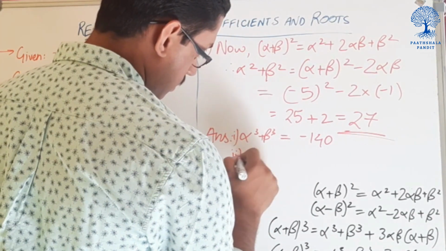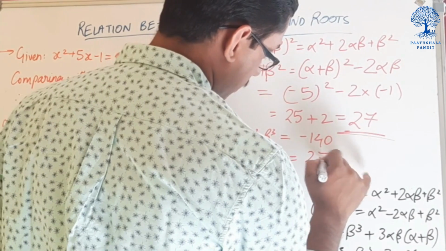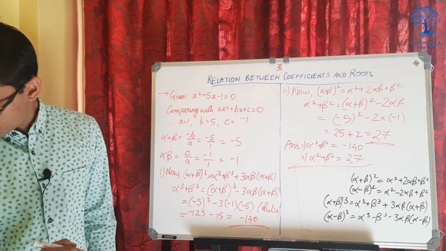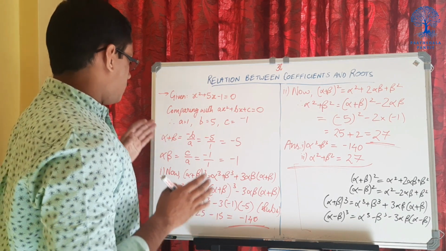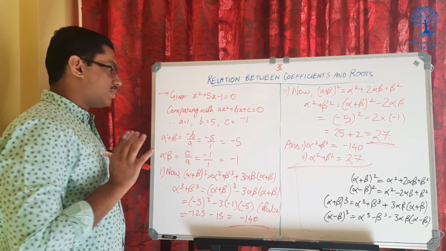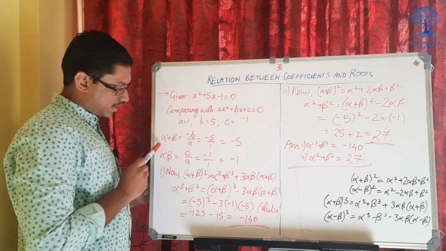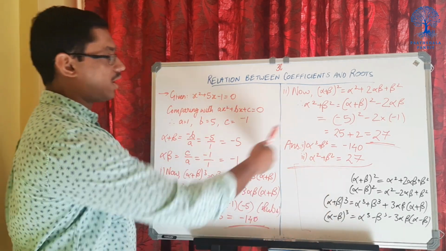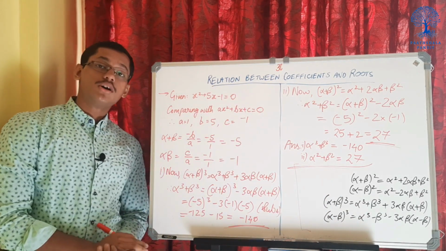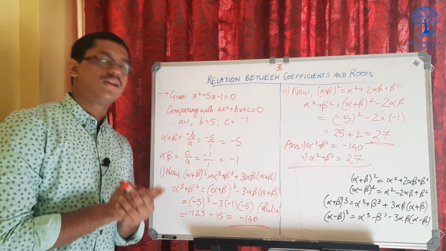Second one is alpha square plus beta square equals 27. Check it, it is correct. Okay, so like this, remember the steps: given, compare, write the summation and product, then use the formula to find the answer. It will be solved and you will be given full and final marks.